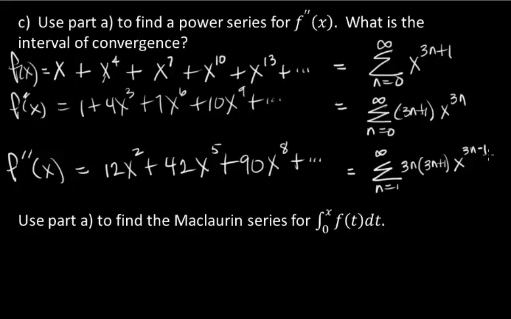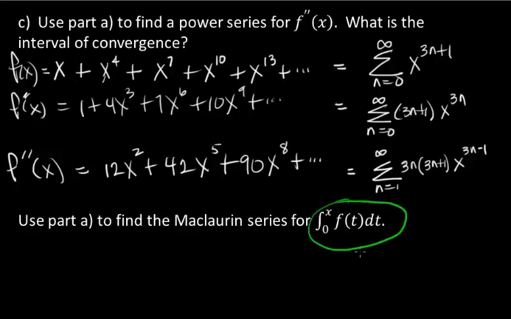So the last question, use part A to find the Maclaurin series for the integral from 0 to x of f of t dt. What do you think of when you see that? Always the same thing. You better have thought fundamental theorem of calculus.